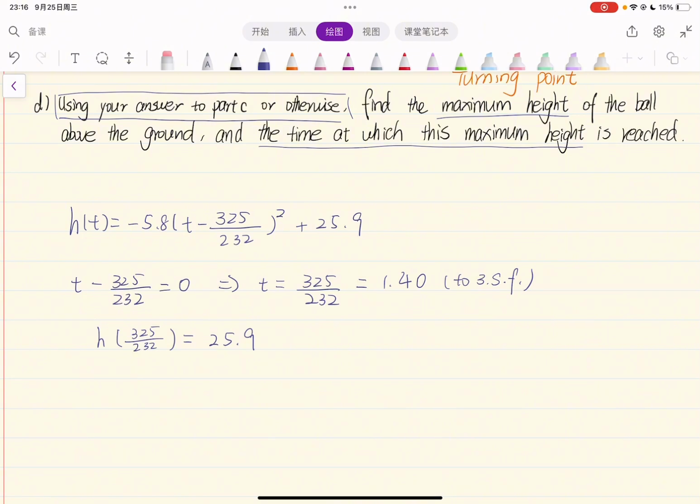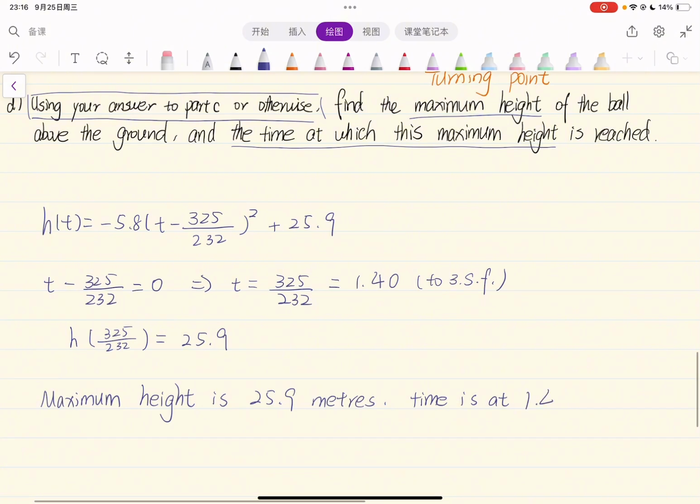So the maximum height is 25.9 meters, and the time is 1.40 seconds. Right?